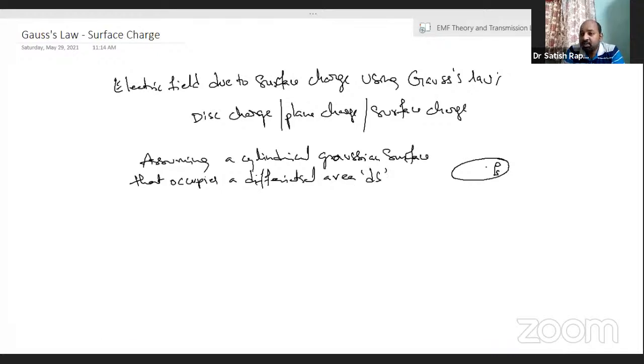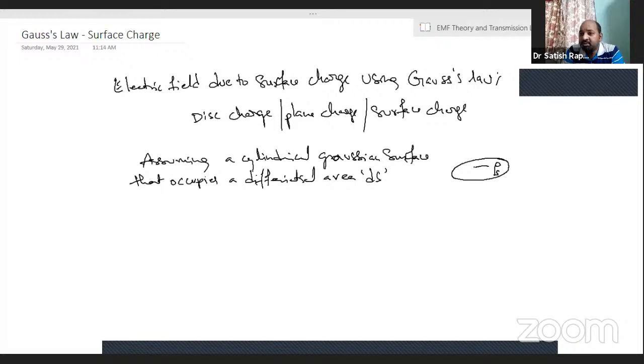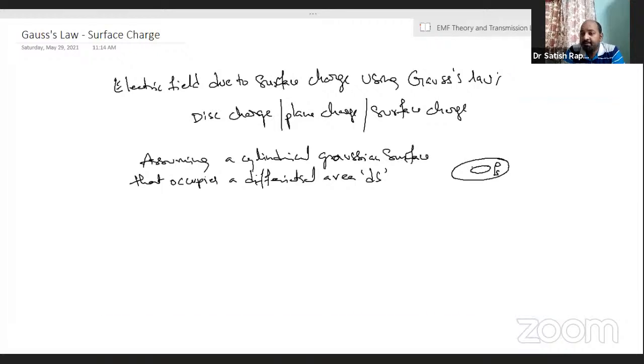So let us assume a cylindrical surface like this.